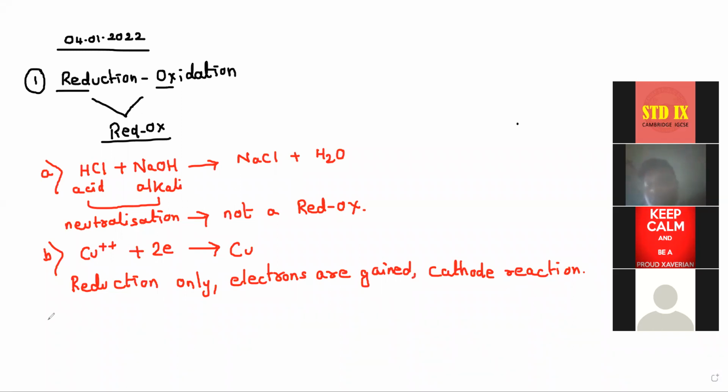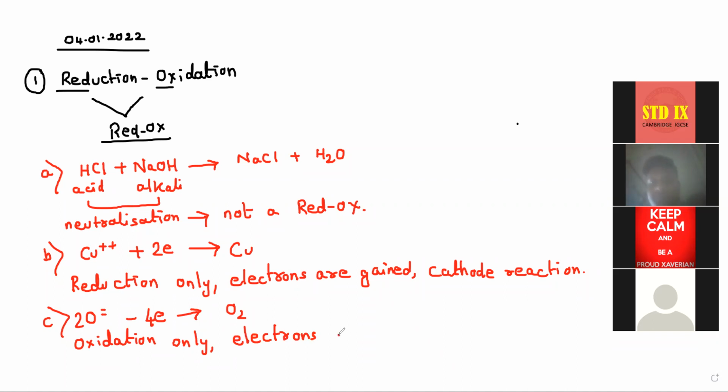Coming to the third part, C, we have something like 2O-- will lose 4 electrons and get converted to O2. This is oxidation only, because electrons are lost, and this reaction takes place at the anode.